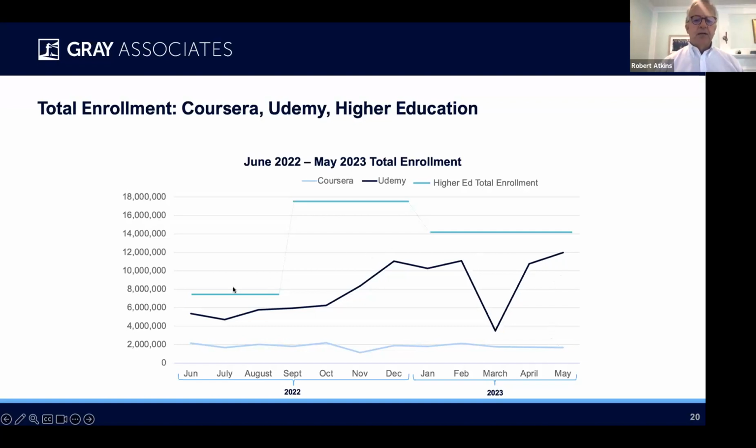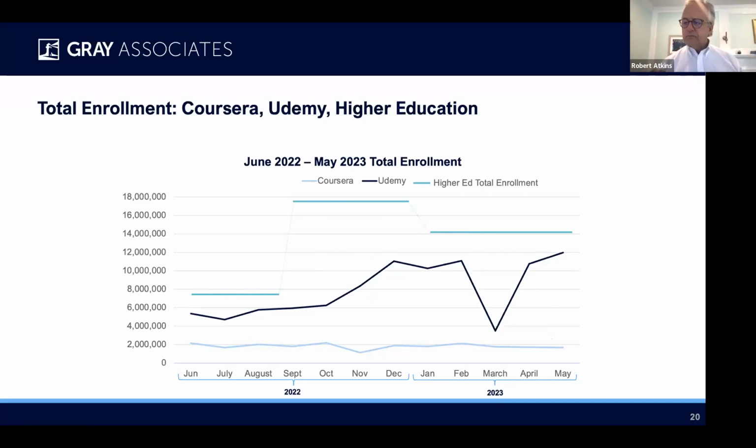Now, to put that in context, in the summer sessions, our traditional colleges have about 8 million students enrolled. That peaks in the fall at just about 18 million, and then drops back to about 14 million in the spring. So we're looking at numbers in terms of initial enrollment in MOOCs that are approaching the number of students enrolled in all of higher ed. And this is just 2 of the MOOC providers.